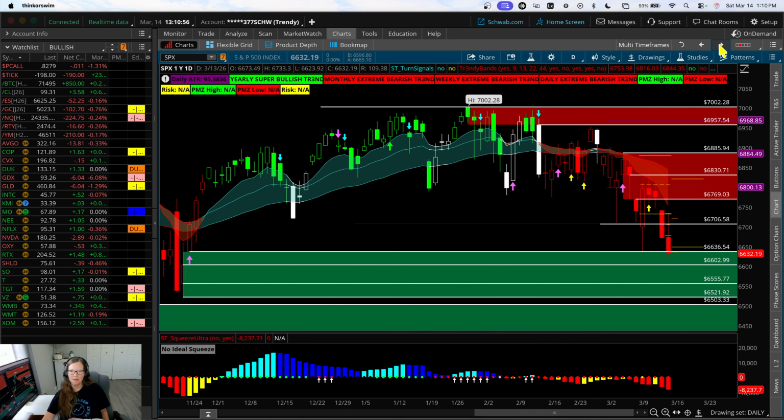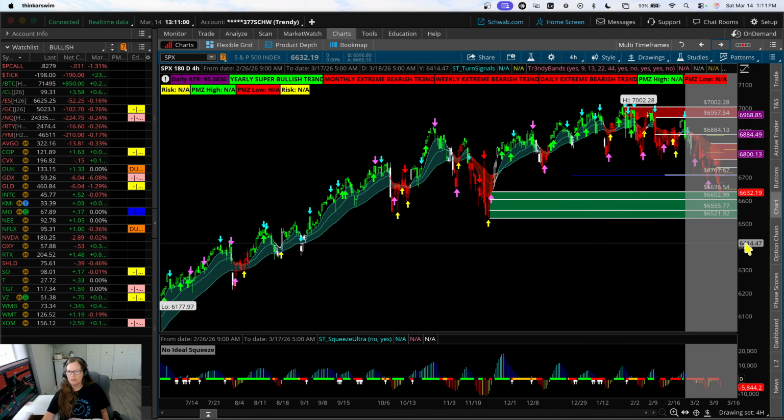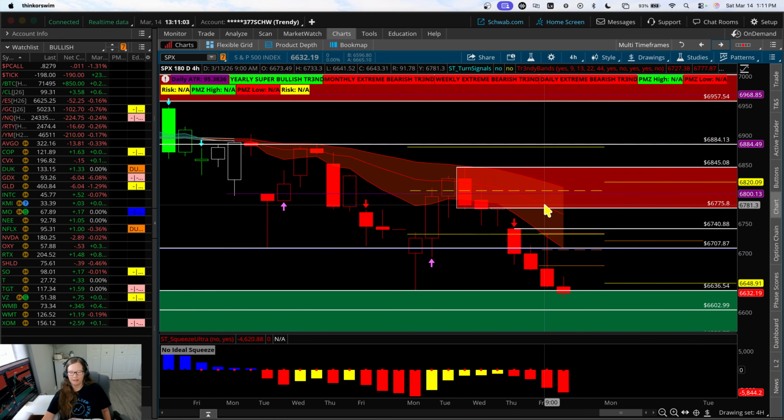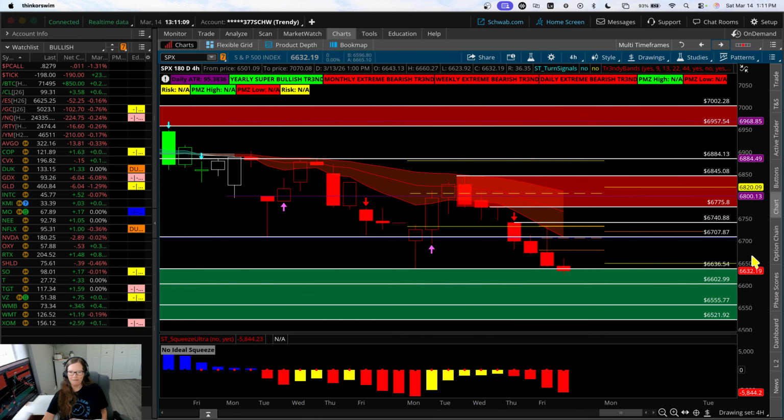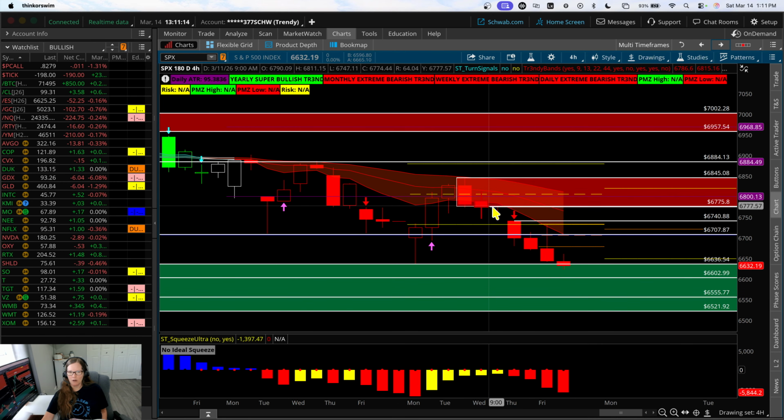All right. Now let's look at the 4 hour. This really isn't going to change much. It's using the same daily buy zone, using the same levels in that daily buy zone, and it just so happens the 4 hour inside and down matches up with the daily inside and down.